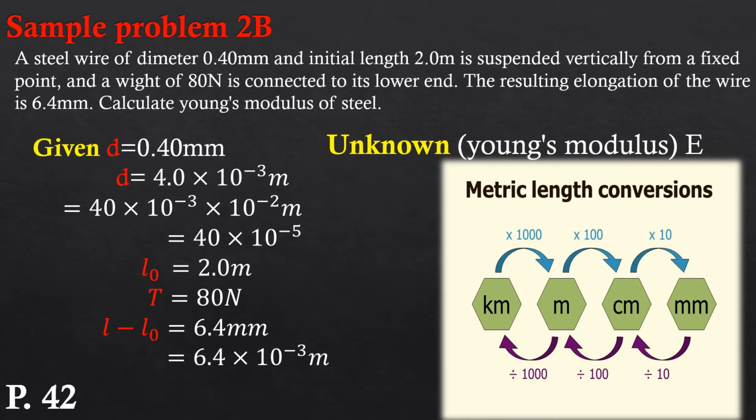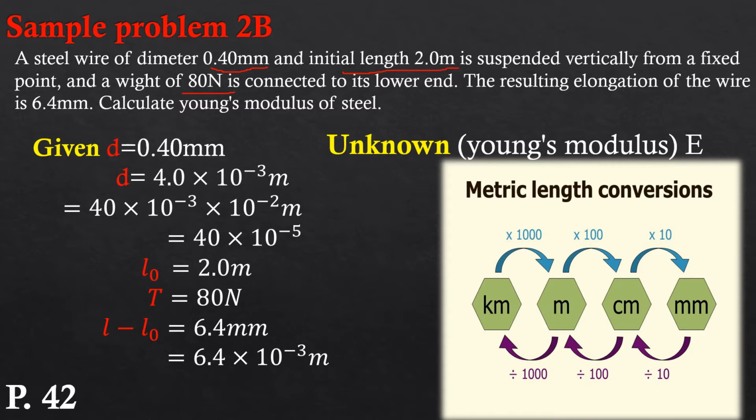Okay, sample problem 2b on page 42. A steel wire of diameter 0.40 millimeter and initial length, which is L naught, is suspended vertically from a fixed point and a weight of 80 Newton, which is the force, is connected to its lower end.